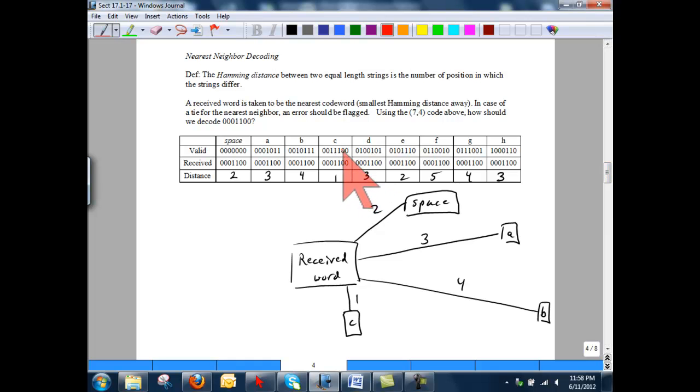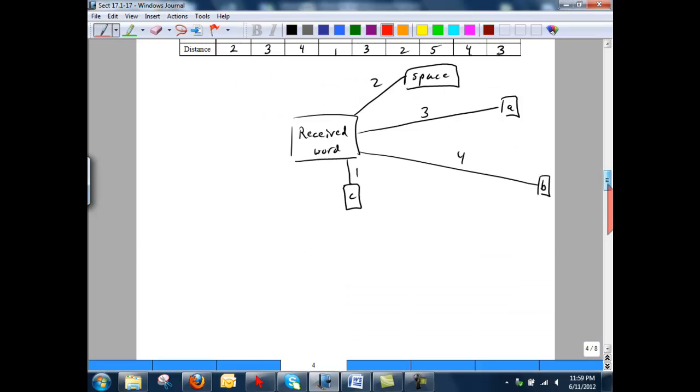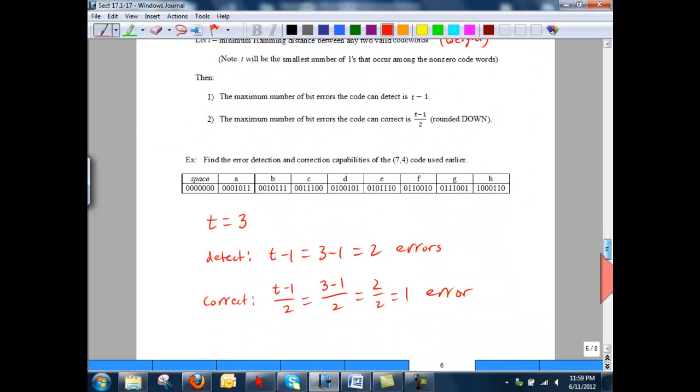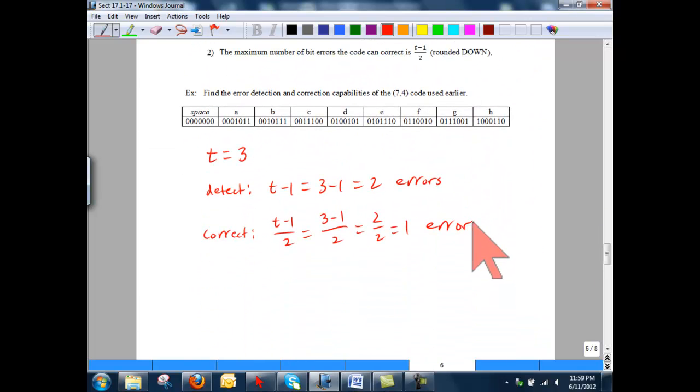We made presumably a mistake in 1 bit of the letter C, and we were still able to, from the received code word, recover the fact that that must have been a letter C. So detection is easier than correction, and so most codes can detect more errors than they can correct.